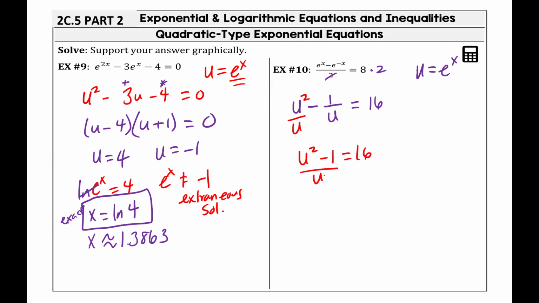I'm going to multiply by u, and now I'm left with u squared minus 1 equals 16u. This is now what? What's my power? It's just now a quadratic. There you go. Equals 0.